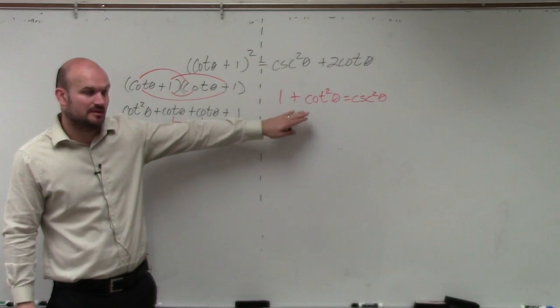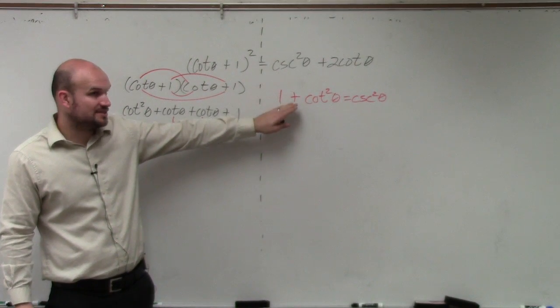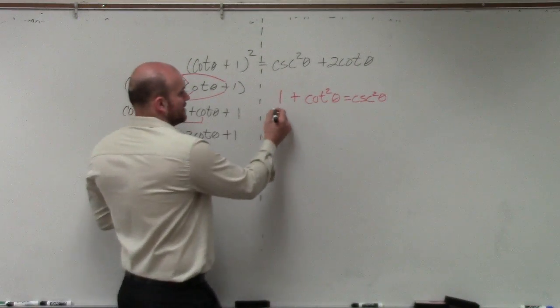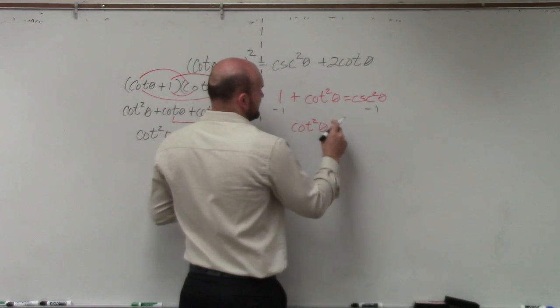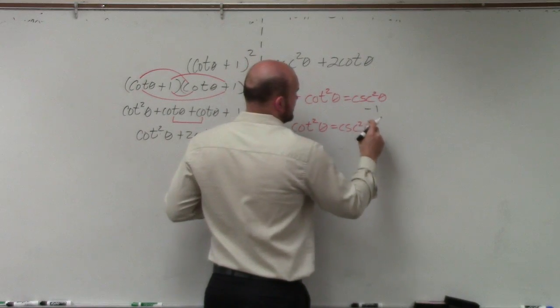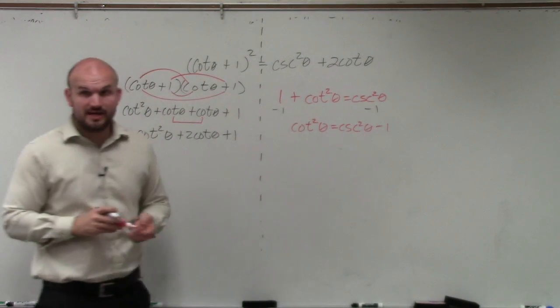That's been given to you. We can rewrite this. I can change this around. So could I subtract 1 on both sides and say cotangent squared of theta is equal to cosecant squared of theta minus 1? Would you guys agree with that?